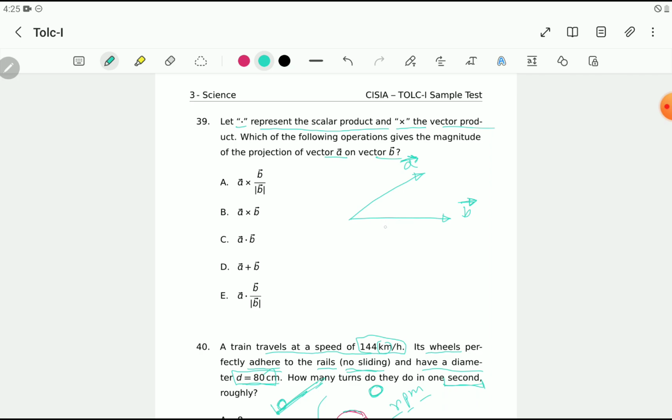And from the basic definition of vectors, we know the projection of vector A on B would be the multiplication of vector A with the unit vector of B. So we know the unit vector is vector V divided by its magnitude. Therefore, our answer is E.